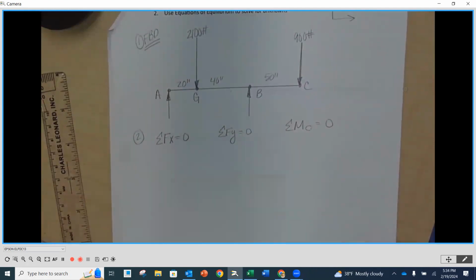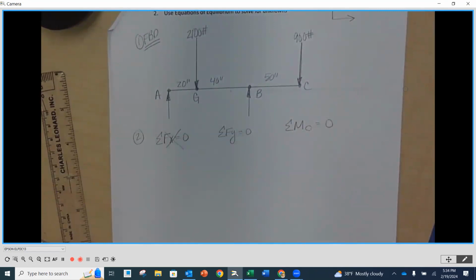If I just start with sum of the forces in the x, that's going to be when I have unknown forces or any forces in the x direction. Do I have any? I do not. So in this particular problem, we're just not going to use this equation. We may not use all of them all the time. It just happens to be that there are no horizontal forces here. So that means that we're not going to use that one.